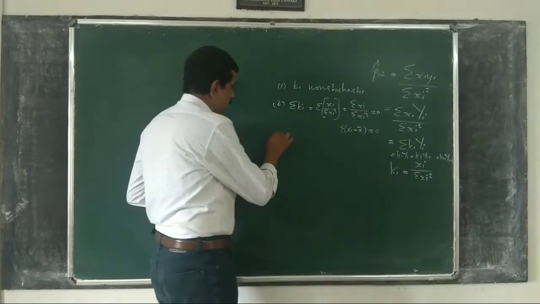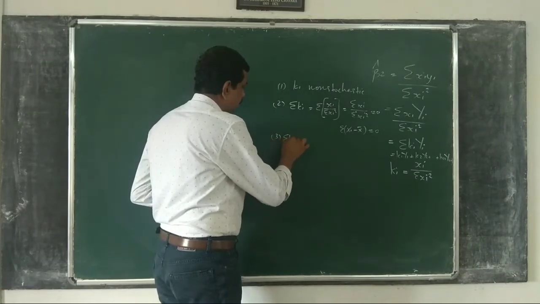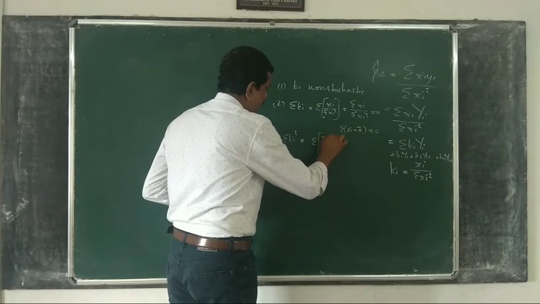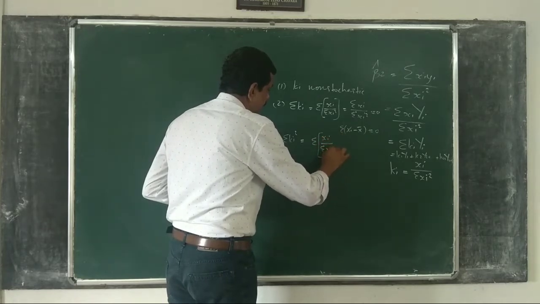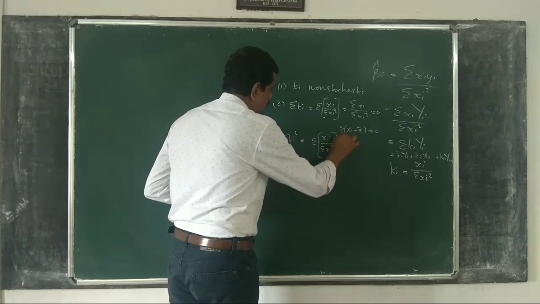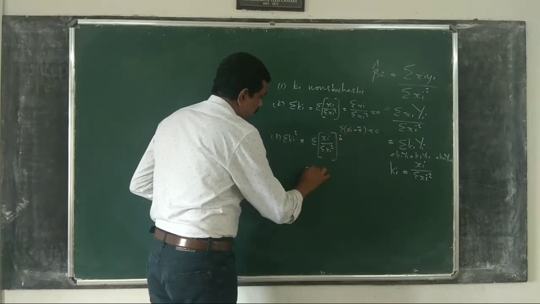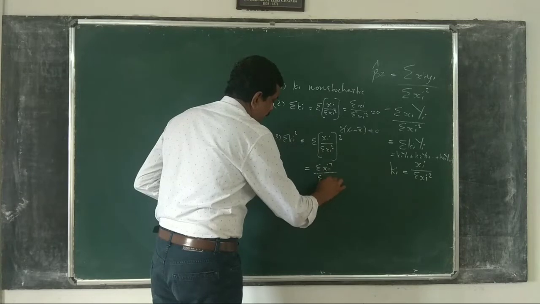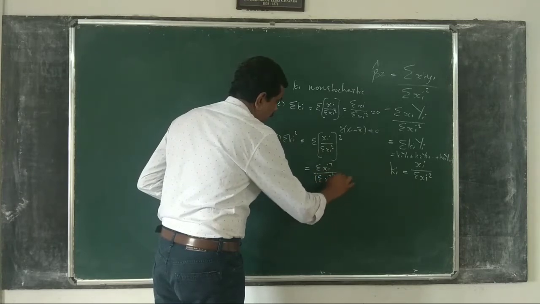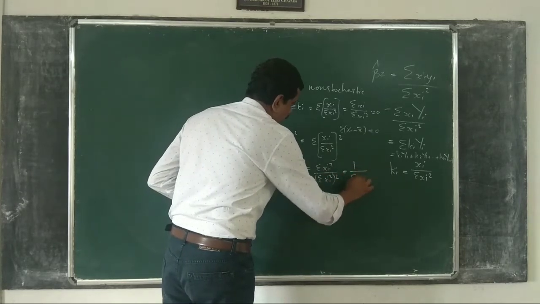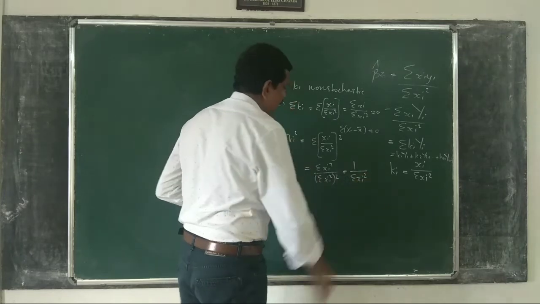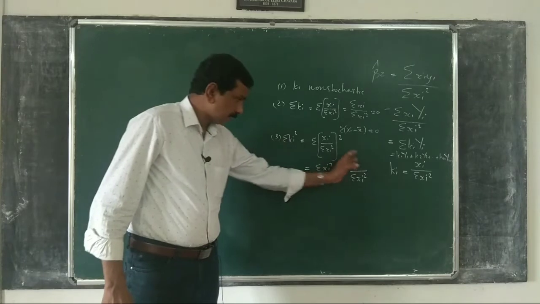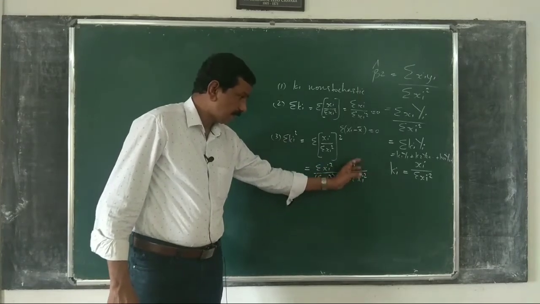Third, sigma ki square is equal to sigma of xi by sigma xi square, whole square, equal to sigma xi square divided by sigma xi square whole square, equal to 1 by sigma xi square. So sigma ki square is equal to 1 by sigma xi square.